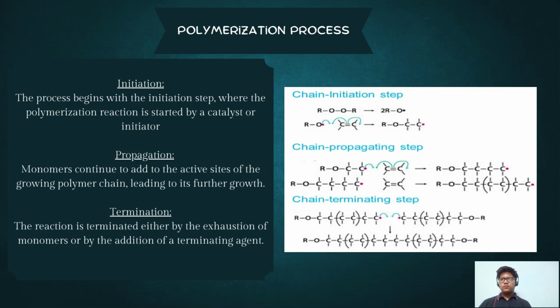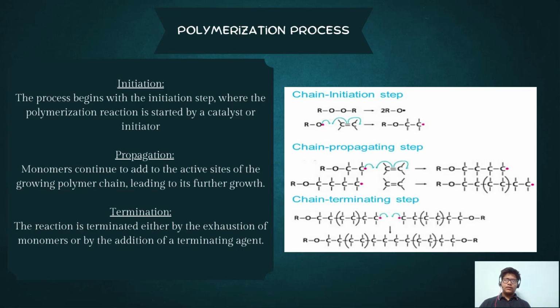It means monomers continue to add to the active sites of the growing polymer chain, leading to further growth. Since I have told you that polymers are long chain-like structures, propagation basically means that from the active centers, which are nothing but the free electrons, the polymers are helped to grow.